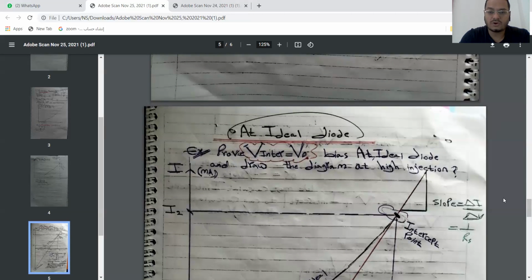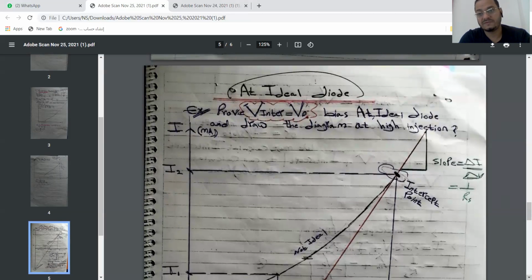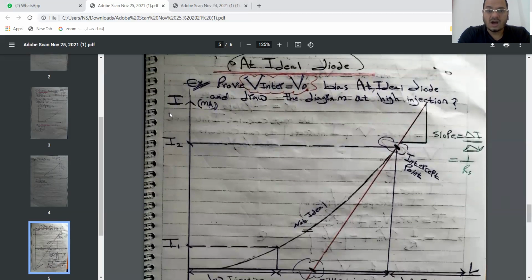Now let's work on ideal diode. All this will be different, because at ideal diode we will be dealing with a linear relation, not a curve like in the last situations. Here, prove that V enter equals V diode, or diode voltage bias, at ideal diode, and draw the diagram at high injection. Here I is on the x-axis, and V on the y-axis.